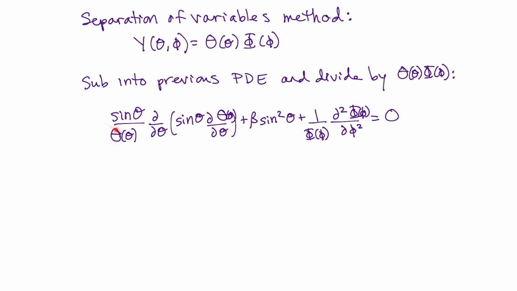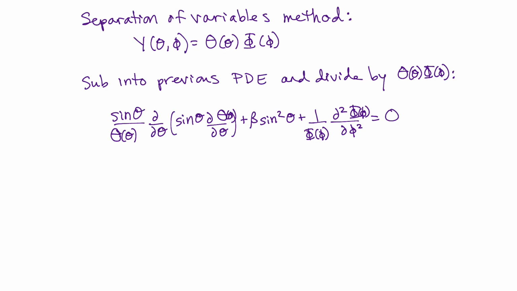Here, this is a capital theta of little theta, and another capital theta of little theta here. Big phi of little phi, big phi of little phi. All the other variables are lowercase.